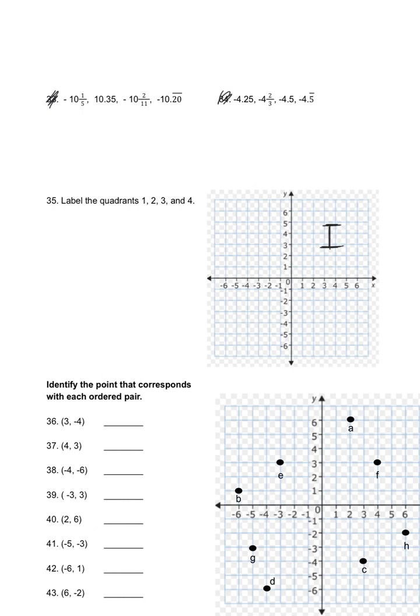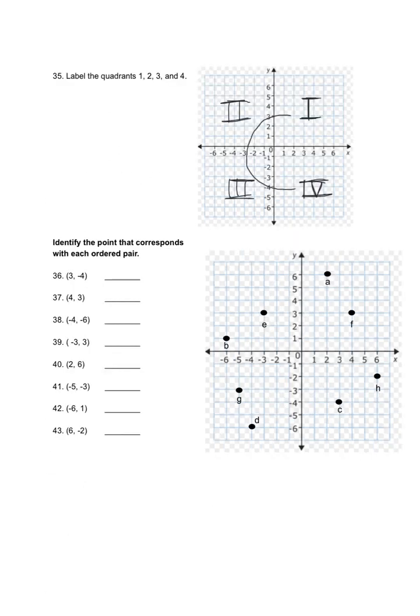So you have number 1 up in the top right, number 2 in the top left, number 3 in the bottom left, and number 4 in the bottom right. Why do I say a C? Because you move from top right around to the bottom right.